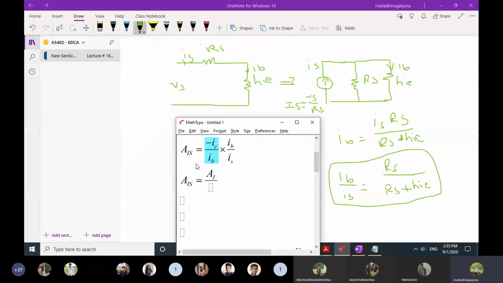In the place of Ib by Is we put Rs divided by Rs plus Hi. This is AIS, the current gain with source resistance.